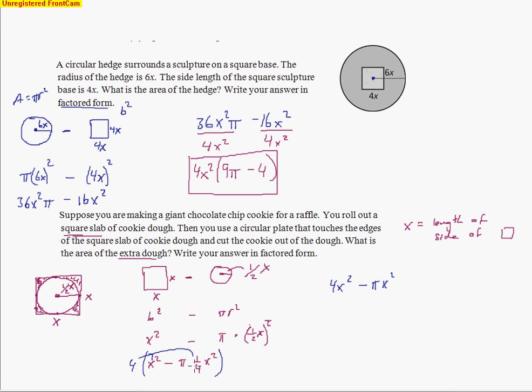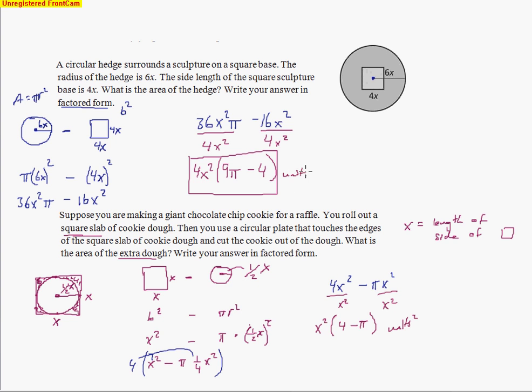Everything's being multiplied, so it's just 1 times pi times x squared. Now I can factor out the common factor. I see that each of these has an x squared, so I pull out the x squared, and what I'm left with is 4 minus pi. These are units squared, I should say.